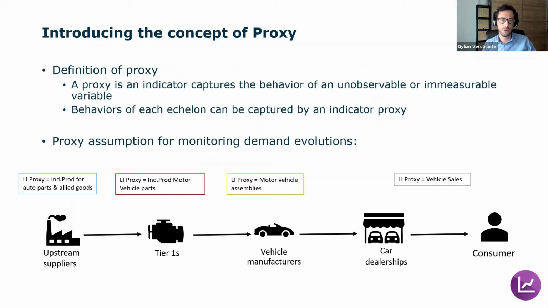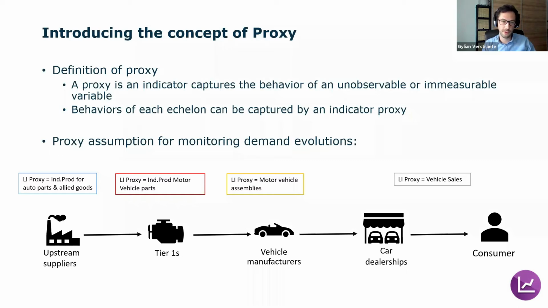If we relate that to our automotive supply chain, we have the vehicle sales time series. Vehicle sales are the sales that happen between the dealership and the consumer. We also have a leading indicator proxy for the motor vehicle manufacturers, the OEMs, and that is the number of cars that get assembled every month.